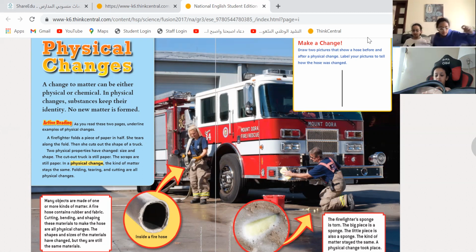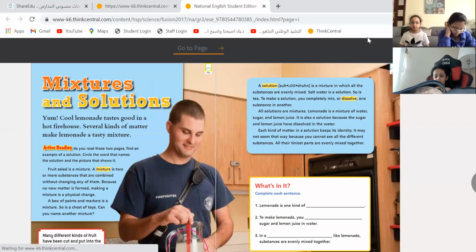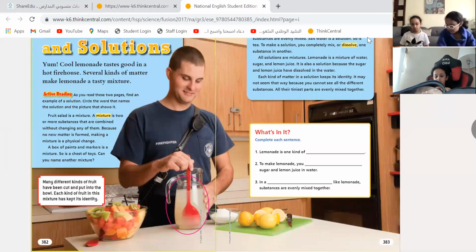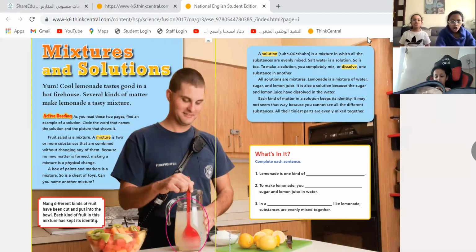And we took examples of physical change like folding, tearing, cutting, coloring. All these are physical change. Also, we learned two more things about physical change. What can be a physical change?